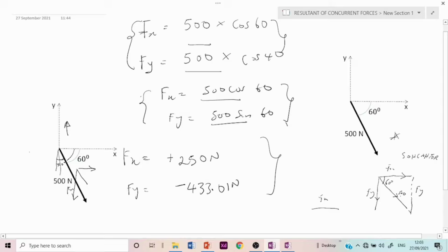For this case, the opposite is Fy. So Fy over the hypotenuse, which is 500, will be equal to sine 60.